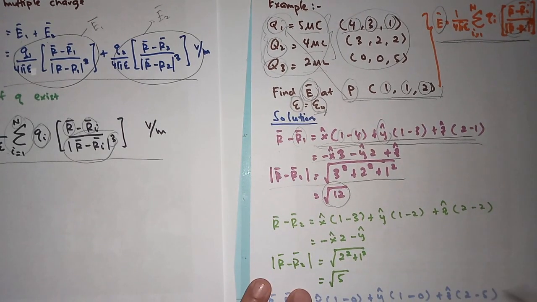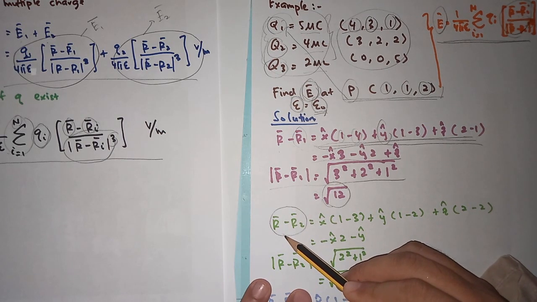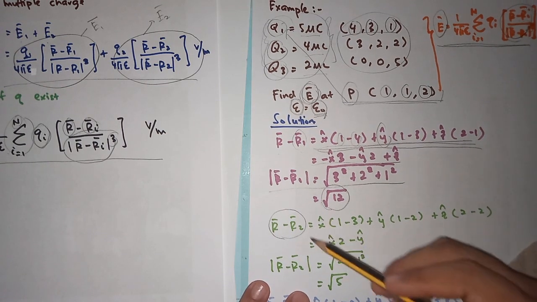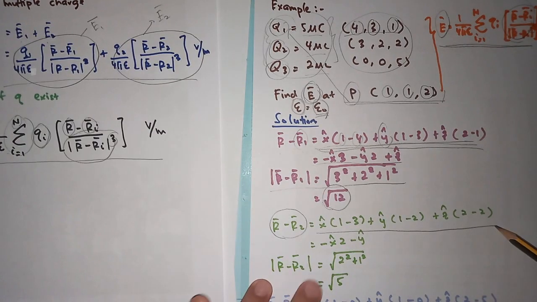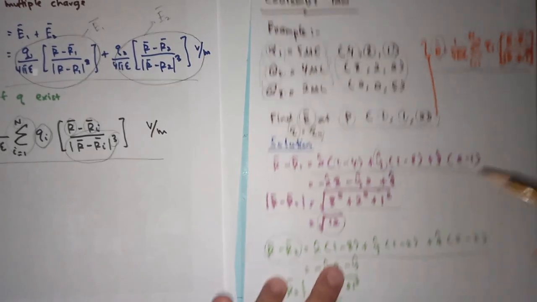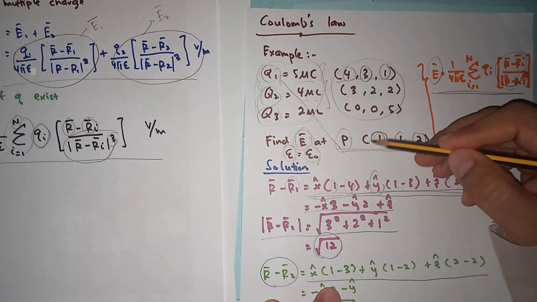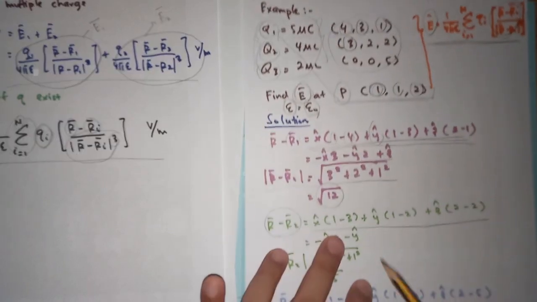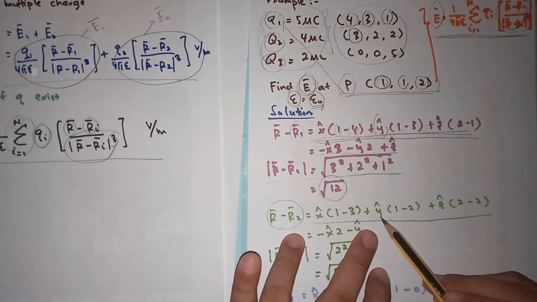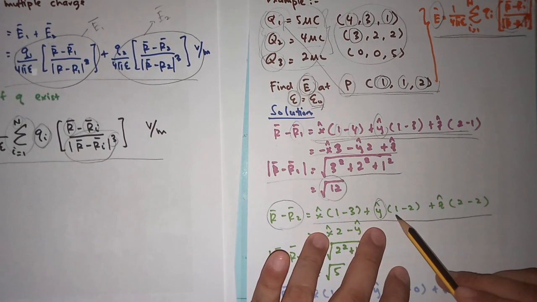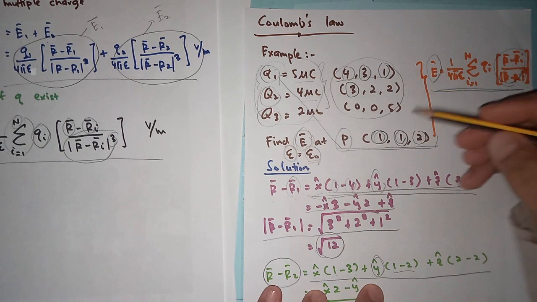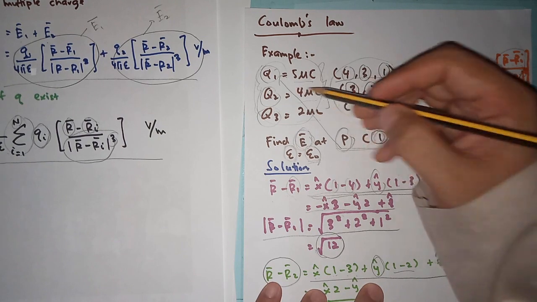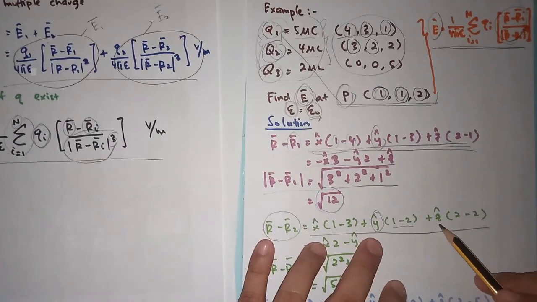The same goes for Q2. In order to find the vector that represents direction and distance between our test point and Q2, that vector can be derived as below. We have x cap 1 minus 3, the x component of point P minus the x coordinate of Q2, then y cap 1 minus 2, the y components of P and Q2, and plus z cap 2 minus 2.